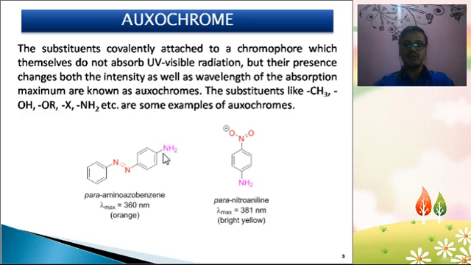When this amino group is attached to azobenzene, it enhances the color of the compound. Similarly, when this amino group is attached to nitrobenzene, it enhances the color of the nitrobenzene. So here the amino group is acting as an oxochrome which, attached to the chromophore, enhances the color of the particular compound.